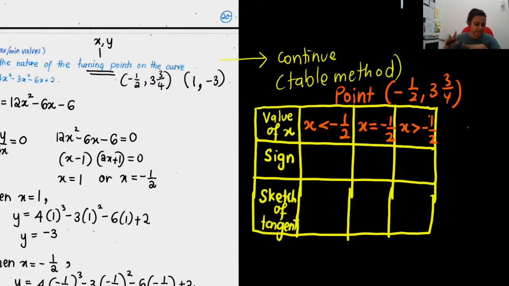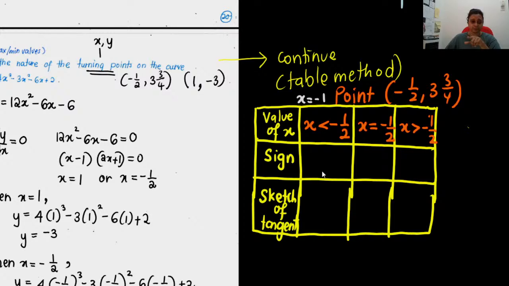Okay, after that, from here what you can do is you can choose the value. For the first one, choose any value smaller than -1/2. Let's say we choose -1. Okay, teacher chooses -1.